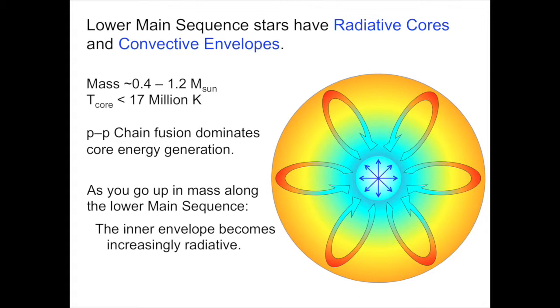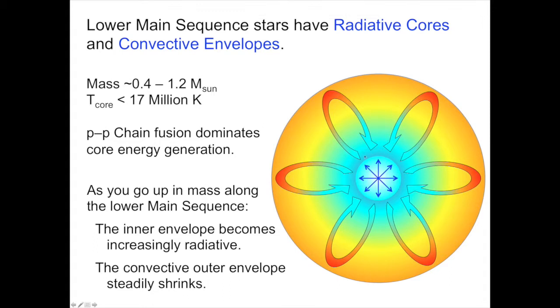As it becomes more important, the inner envelope is going to become increasingly radiative, and the convective outer envelope is going to start steadily shrinking. We're going to see a steady change as we go from the low mass end of the lower main sequence to the high mass end at 1.2 solar masses, a slow change in the interplay between the radiative core and this convective envelope.